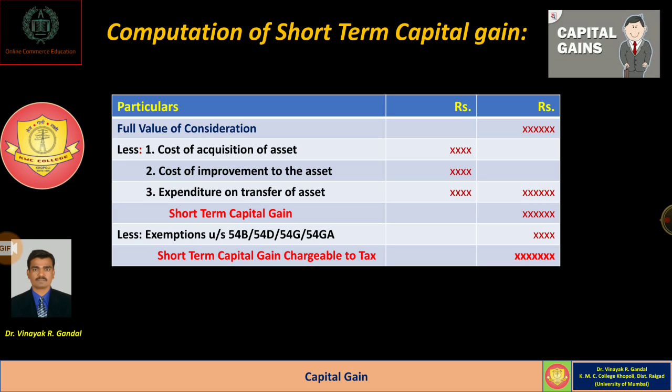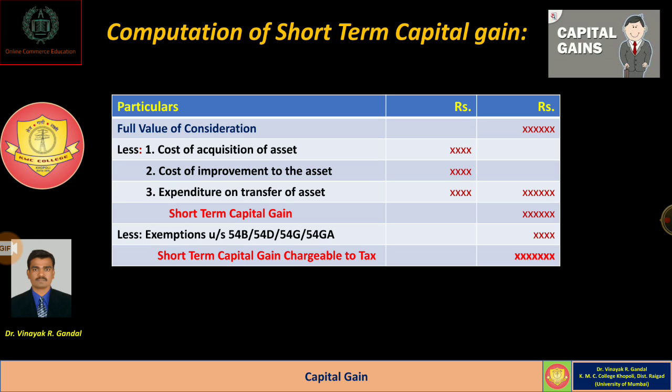After deducting such cost of acquisition, cost of improvement and expenditure, we get the short-term capital gain, and the assessee is allowed exemptions under Sections 54B, 54D, 54G and 54GA.